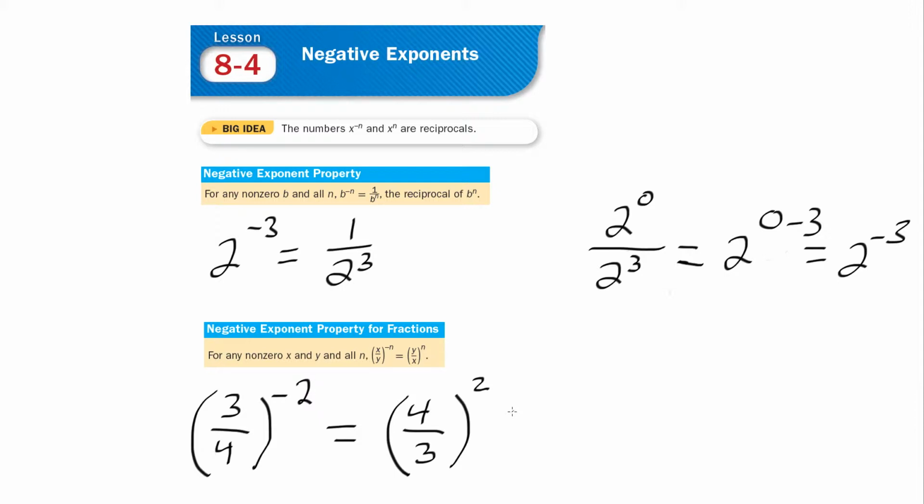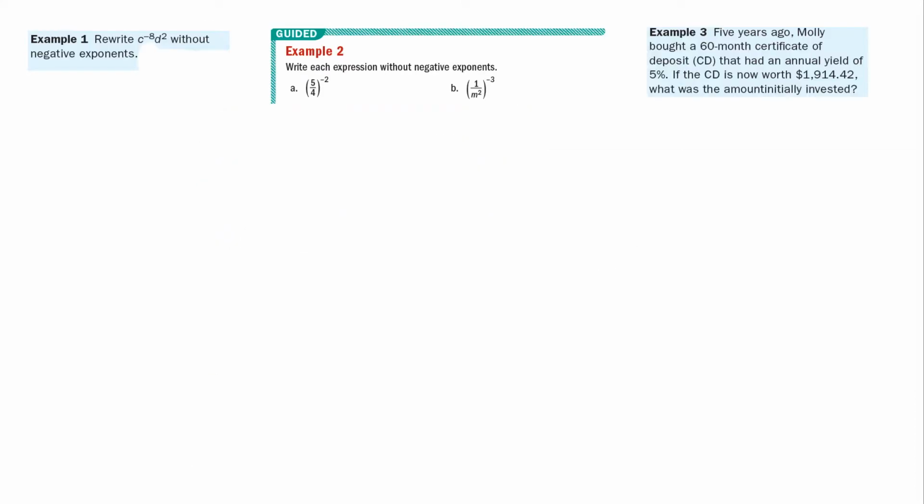Let's try some and see how this works out. I think you'll find it all comes pretty quick. For example 1, we're asked to rewrite c to the negative 8th times d squared without negative exponents. Well, c to the negative 8th power times d squared, that's going to be c to the negative 8 is 1 over c to the 8th power times d squared.